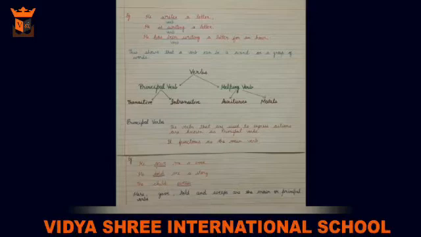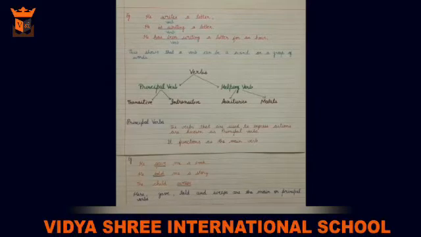Let us begin with the principal verb. As the name suggests, the verbs that are used to express actions are known as principal verbs or main verbs. It functions as the main verb in the sentence.